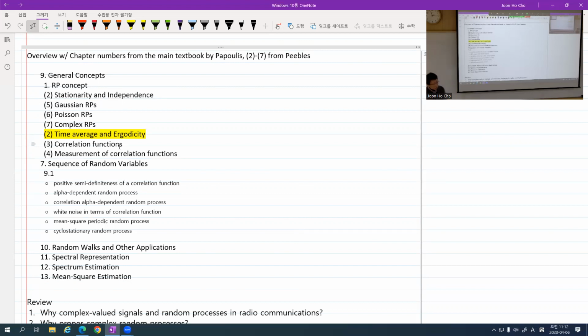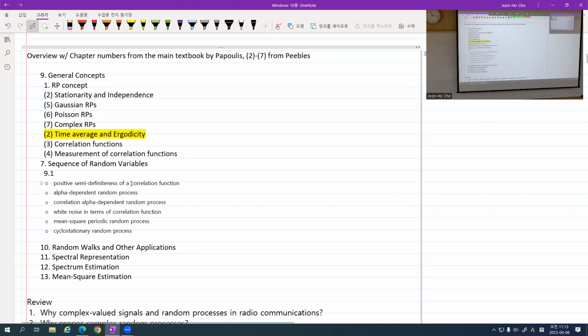But this year, I decided to reduce the random variables and vectors part as much as possible, and focus on the random processes part, because almost every year when I teach 574, I had no time to cover the random process part in depth. So anyway, today's topic is time average and ergodicity.